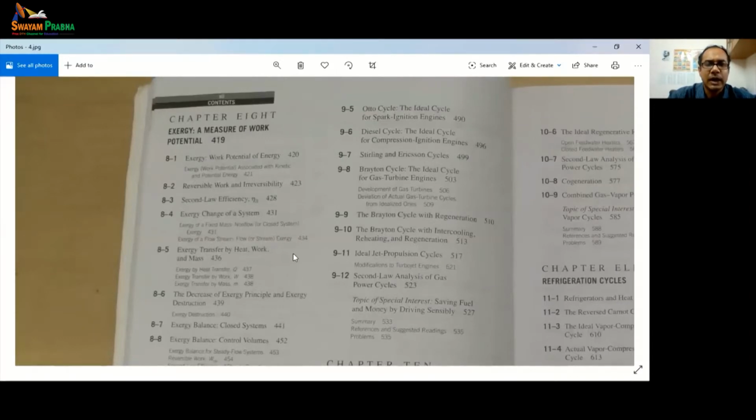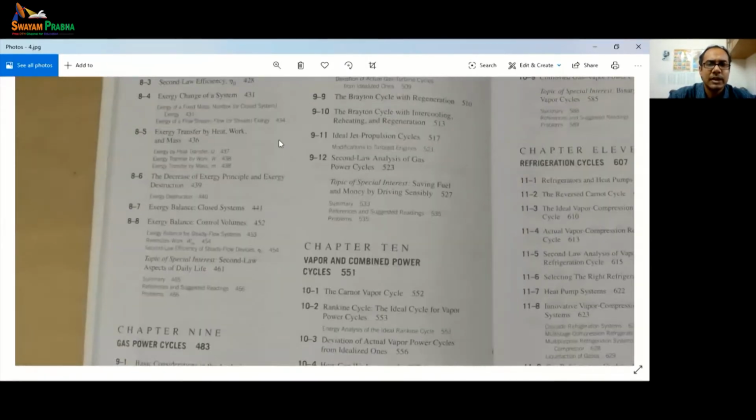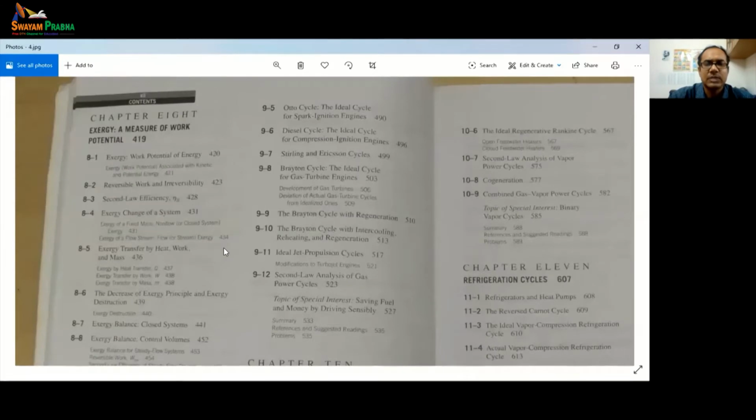So I assume that you have learned this chapter and the different techniques: how to measure exergy, what it means, and why you need to measure exergy. This concept is intricately related to the entropy concept, which we looked at in the last tutorial.